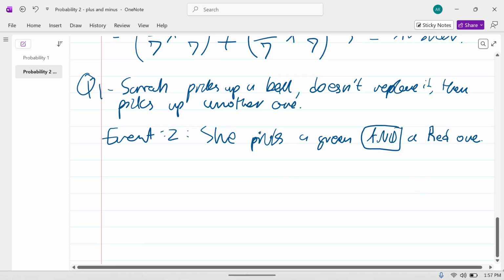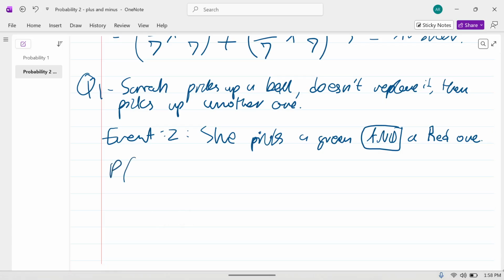Now in this case, let's do it this way. Now again, how many scenarios do we have? No, no, we know she's picking up two balls, right? One after the other. So again, the same number of scenarios. Either the very first ball she's going to pick up is going to be the red one, and the next one is going to be green, or the first one is going to be green and the next one is going to be red.